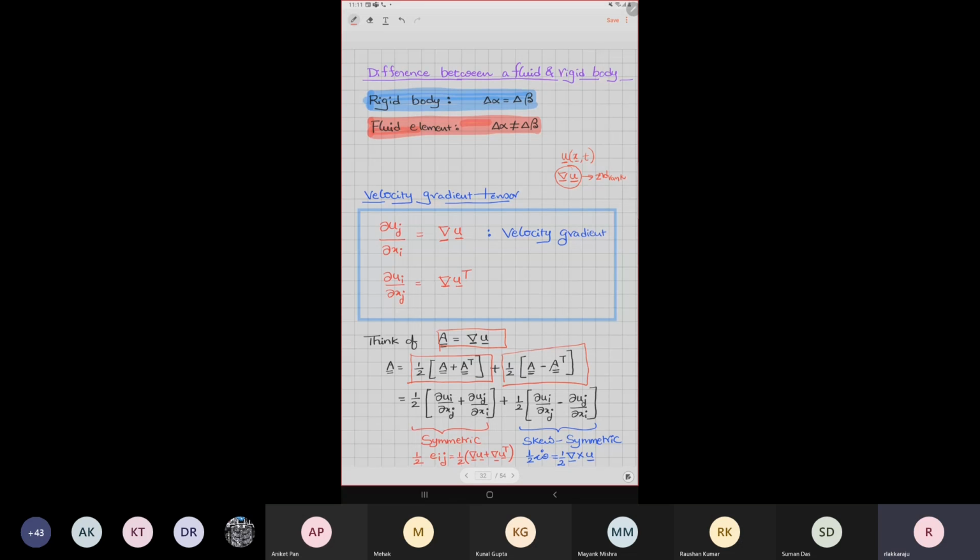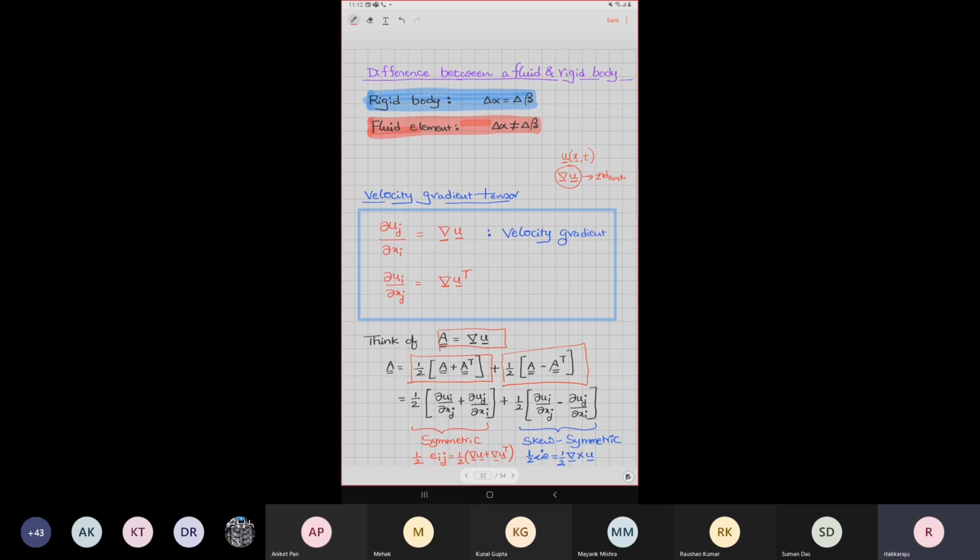The symmetric part, half of grad u plus grad u transpose, which is half of del ui by del xj plus del uj by del xi. That's what we call the symmetric part of the velocity gradient tensor, which tells us about strain rate information.